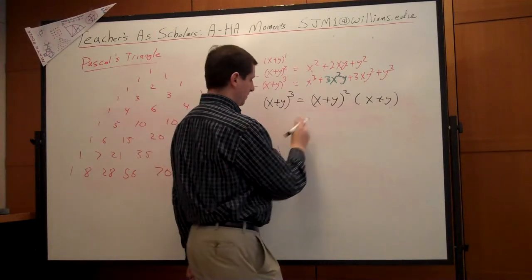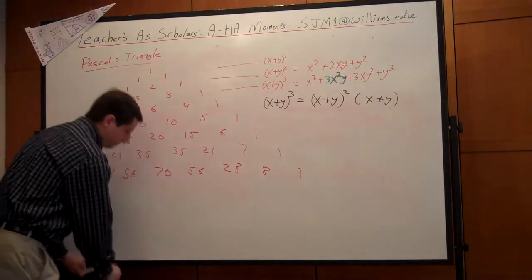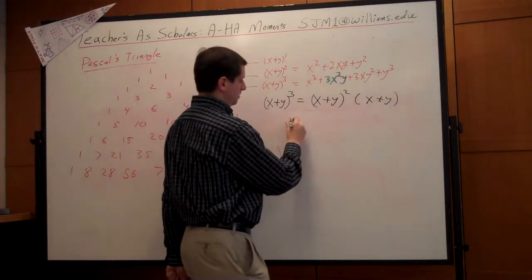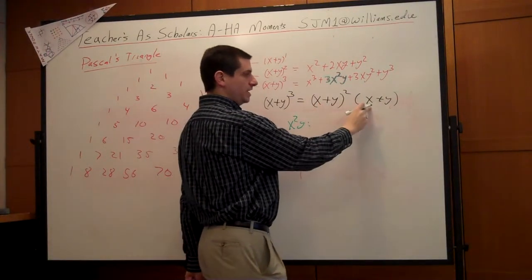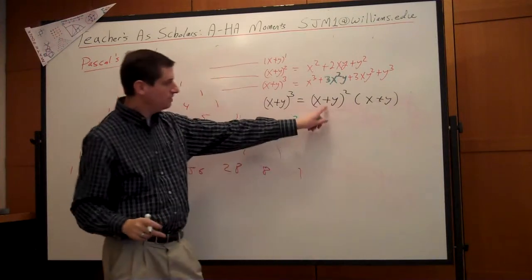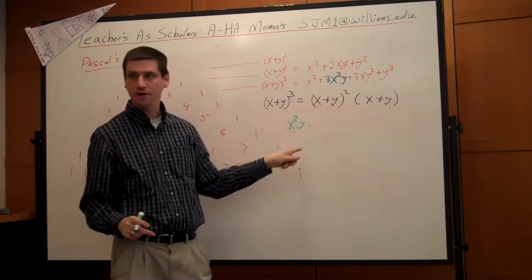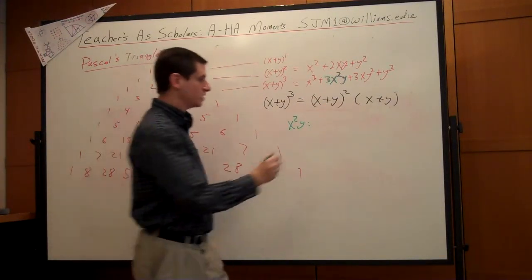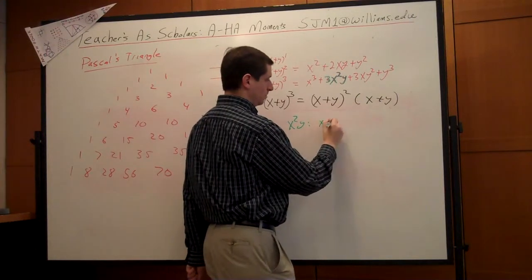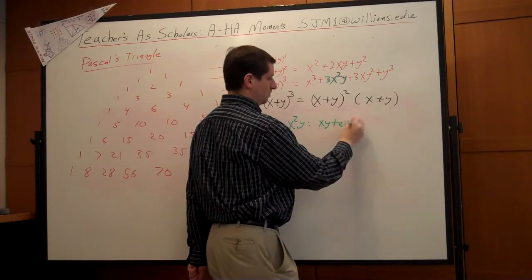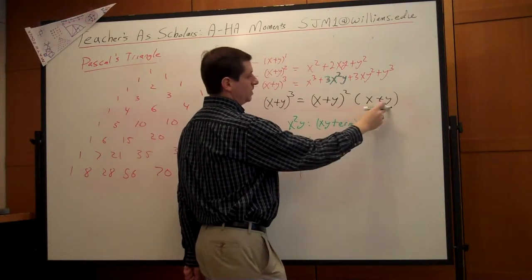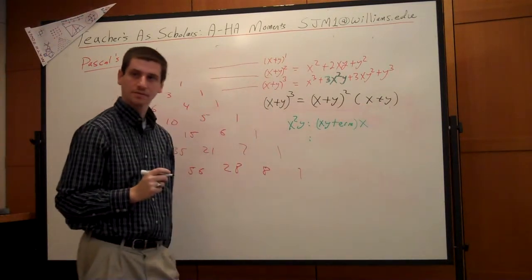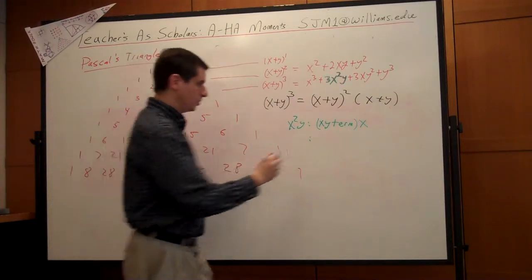To get that kind of term, I could have a term from here hitting x. So what term would I need from here to hit x to get x squared y? I would need the xy term. And from the other one, if I'm hitting y, what term would I need? The x squared term.